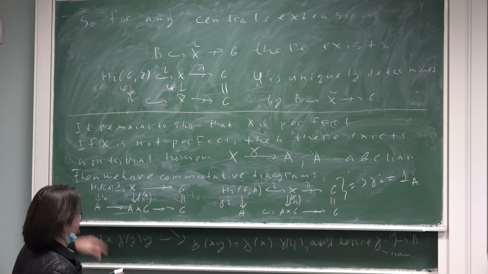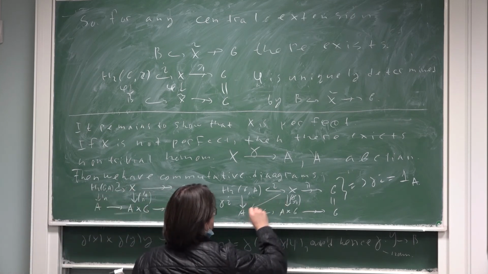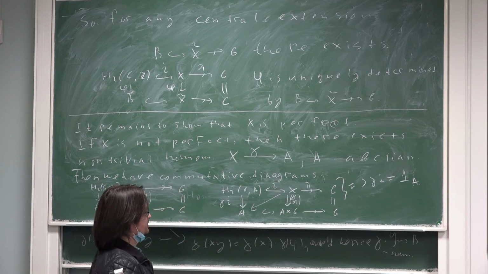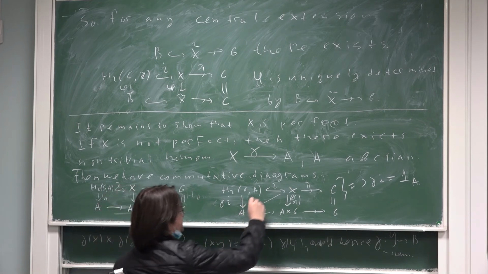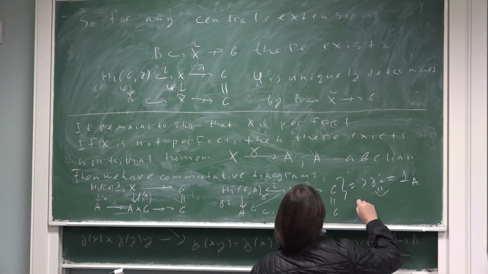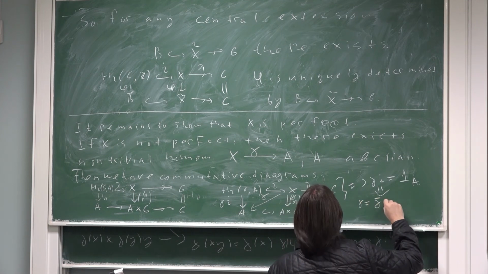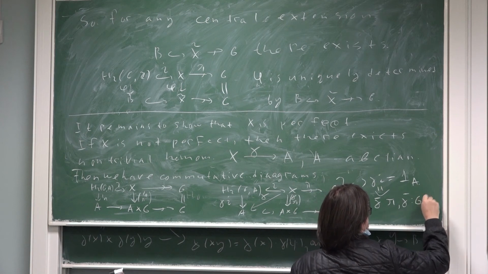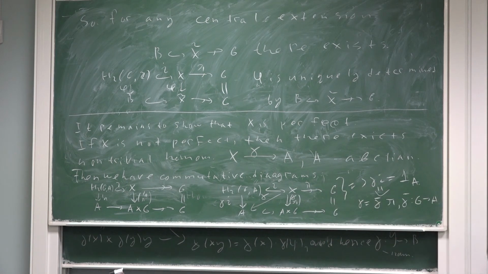So this means that gamma iota is trivial, and so gamma is equal to gamma prime pi for some gamma prime from G to A. Yes.